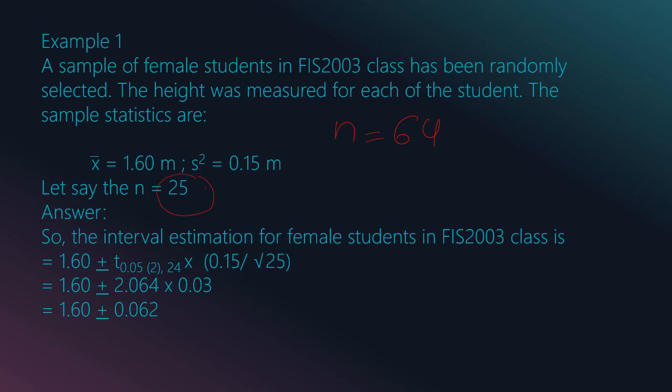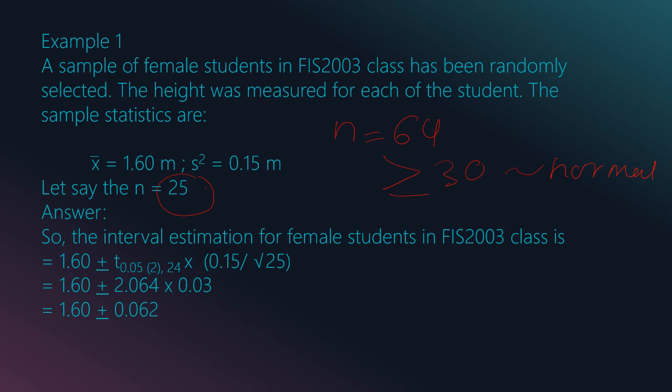In statistics, n equal or more than 30 is considered to be normal distribution. The bigger the sample, the more stable, so it tends to be normal distribution. And a number of samples less than 30 is considered as not normal distribution. So the formula is slightly different.